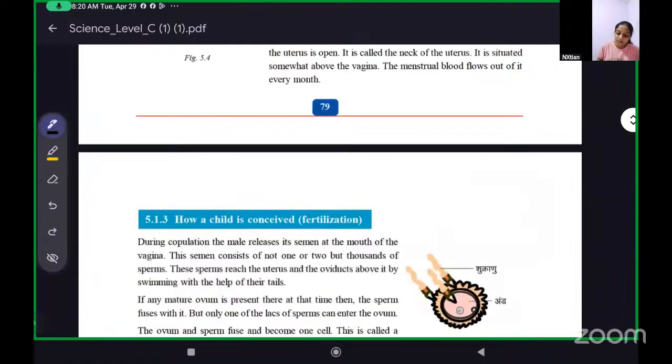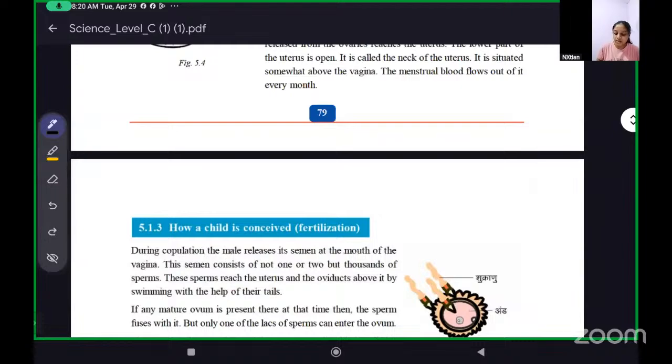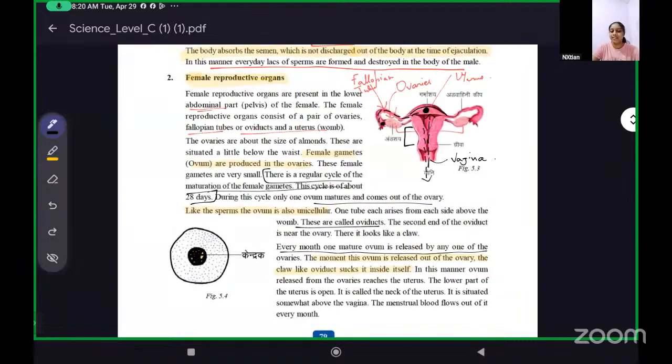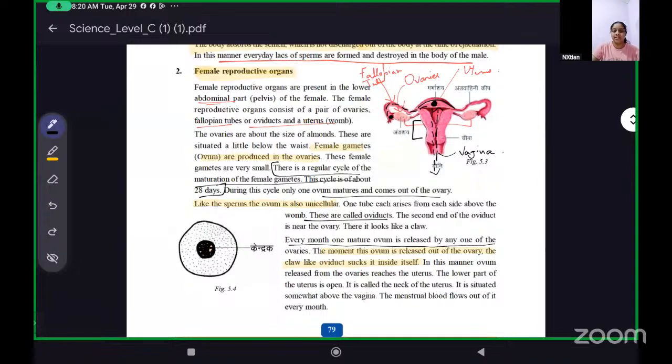Now understood how the female reproductive organs, what are the female reproductive organs, and how the egg formation takes place. Understood. Any doubt in this portion? Yes, ma'am.